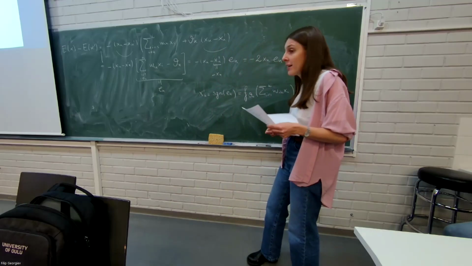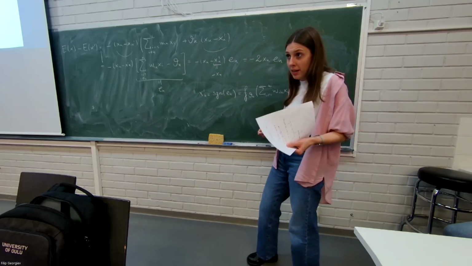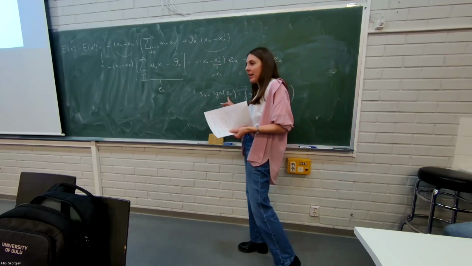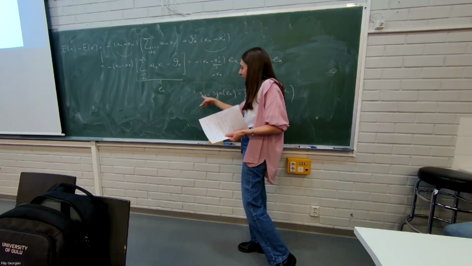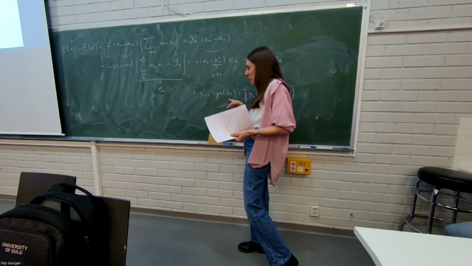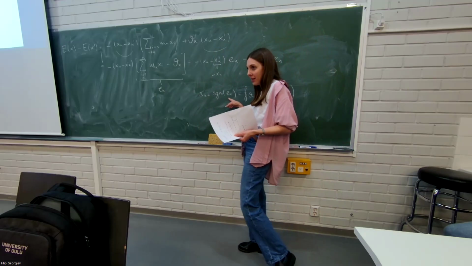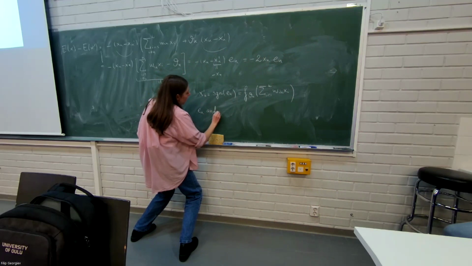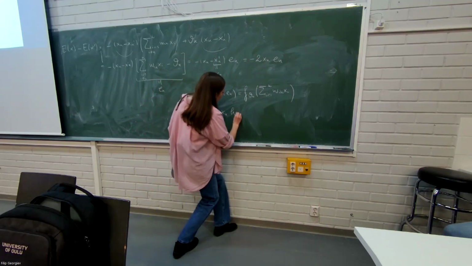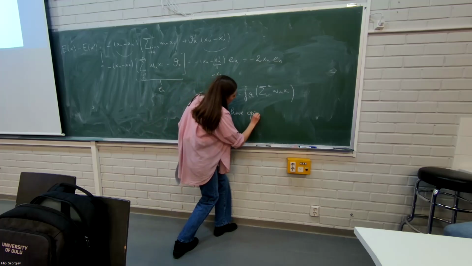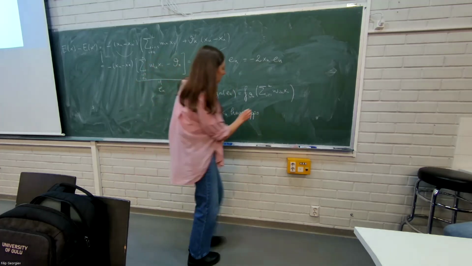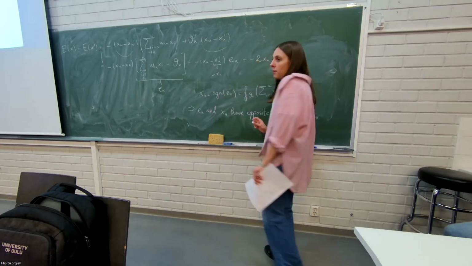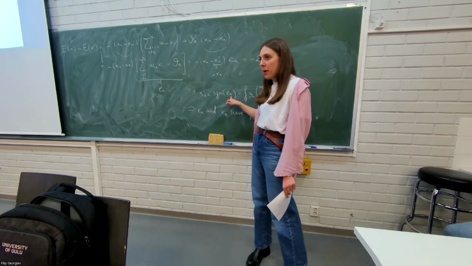So if xk prime has a different sign from xk because I changed it, it means that also ek, sorry, xk prime is the sign of ek. So it means that also ek has a different sign from xk. ek is an excitation, so it's not a -1 or a 1.